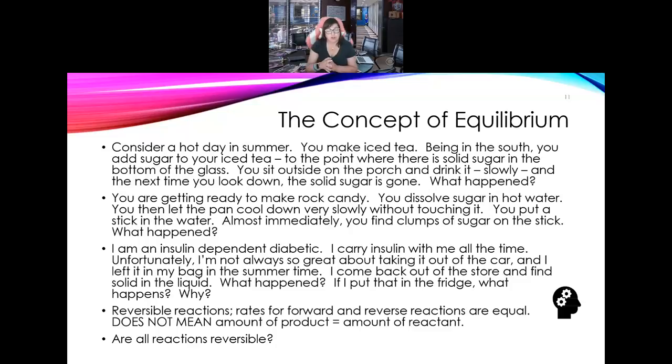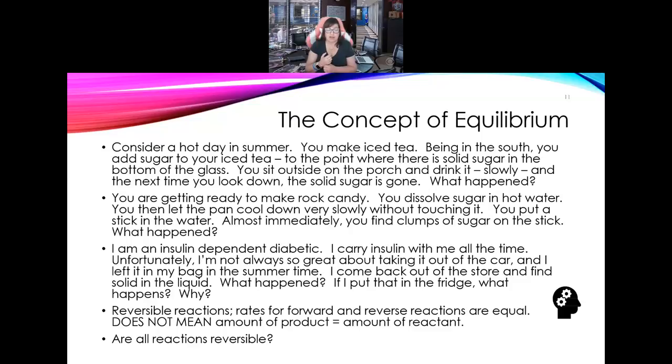And so the solution becomes something called supersaturated. So we have more in it than we think we should be able to have. As soon as it gets disturbed, that all crashes out of solution. And that's what happens when you poke it with a stick. You poke it with a stick and stuff comes out because it's not able to be in that solution at that temperature. So there's that.